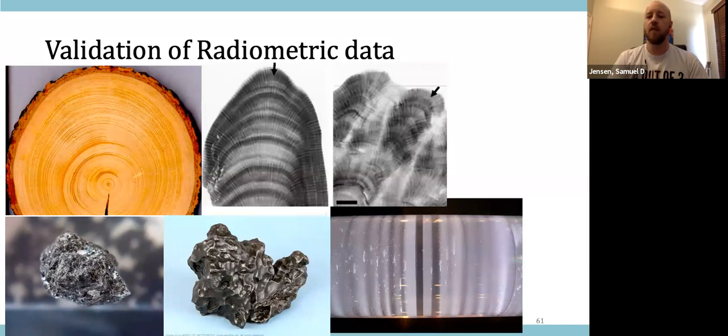We see the same thing in ice core samples. So the picture down here at the bottom is an ice core sample. So when we take ice core samples from Antarctica, right, and they drill down, we can look at the atmosphere at a certain period of time, and we get bands in here where there are trapped particles of gas. And so that's how we can determine what the atmosphere looked like 1,000,000 years ago.